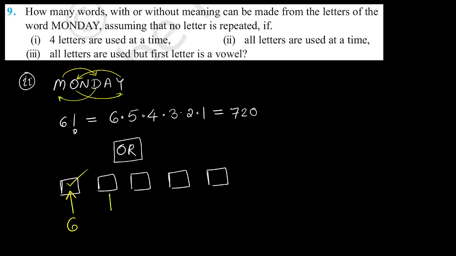Filled. We can go to the next box. From 6 letters, one is already used, 5 ways. Now you know the remaining steps. You are familiar with that. 1 should be decreased: 6, 5, 4, 3, 2. Is that correct? Oh, sorry, one box I forgot to write. 6-letter word. Understood? 1.